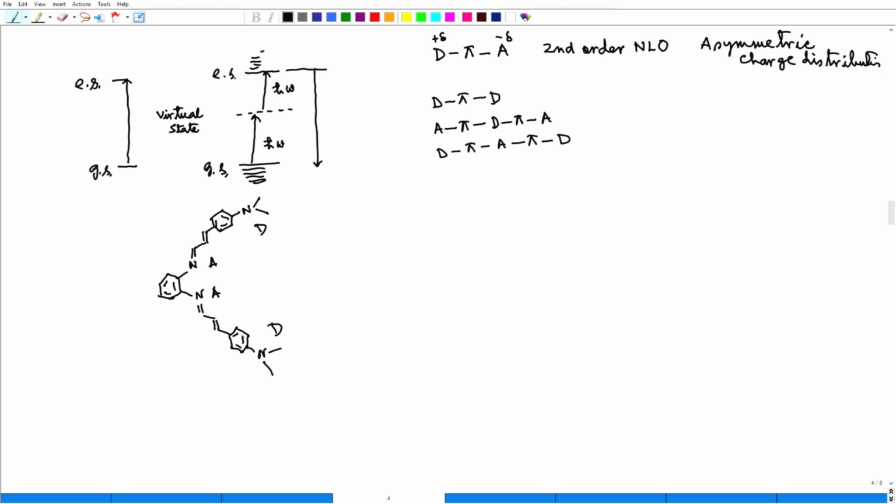Okay. So, this is my structure. Now, this A is not a very strong A, but a weak A.